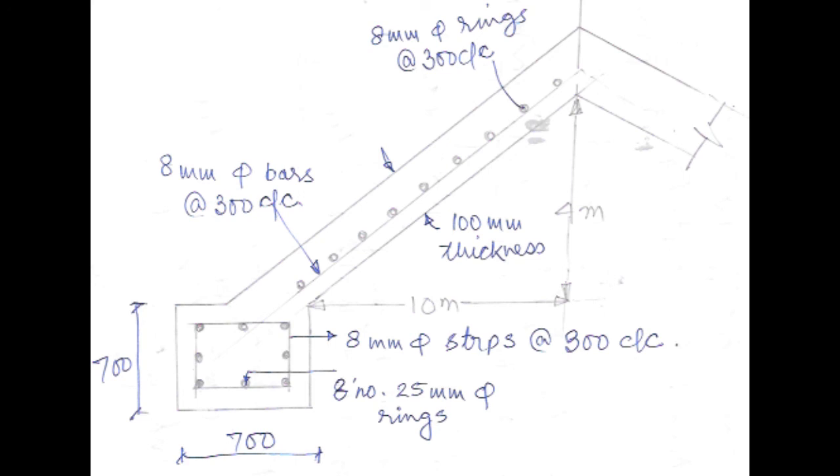If you have written all the steps properly and put an underline or a box, then this is a very simple diagram, and you can draw it finally. As you see, the ring beam I have provided is 700 by 700, along with all the details we found.